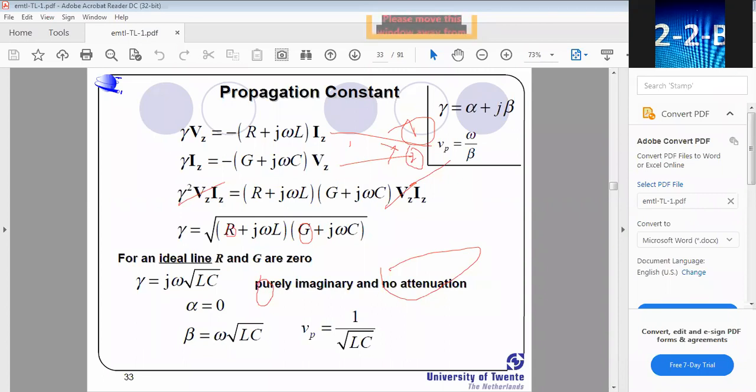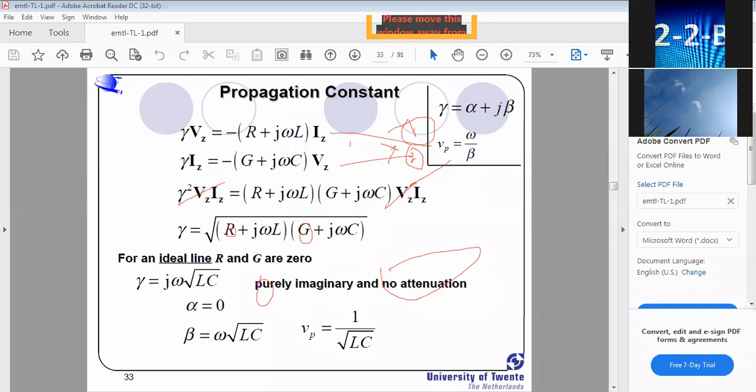In the previous case and this case, both are the same, and we are defining the lossless condition for the characteristic impedance, that is root L by C, and for the phase constant. Did you get it? Is it clear, everybody? Propagation constant, characteristic impedance, and velocity factor, these three are very crucial.